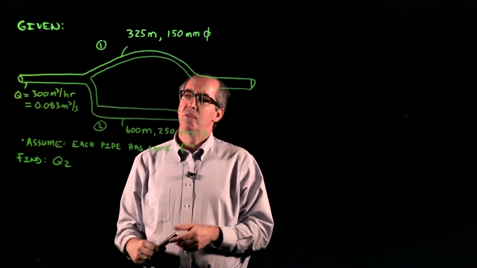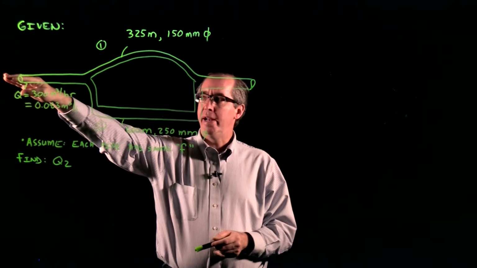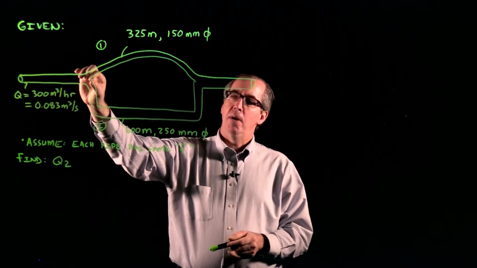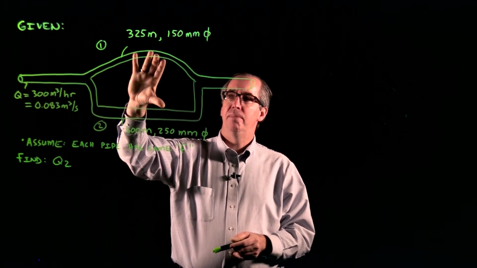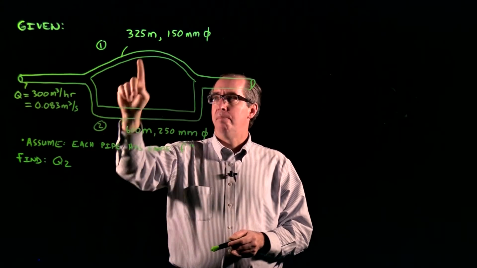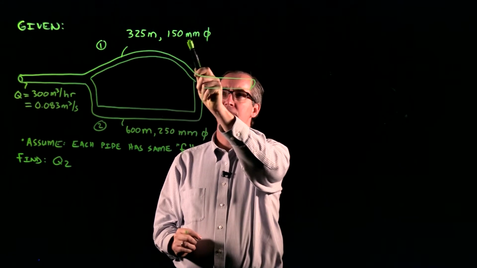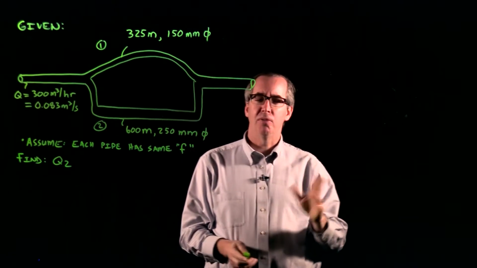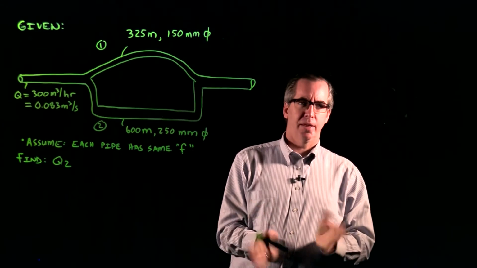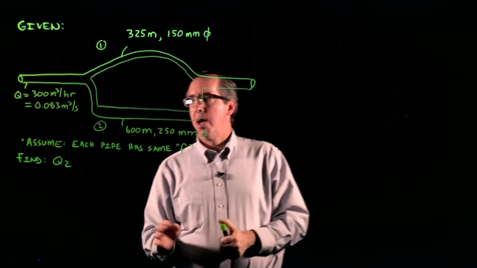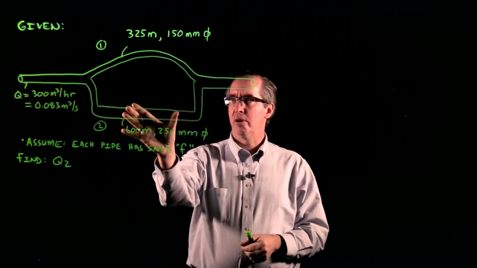So what we have is a flow in a pipe that's approaching this point where it splits off into two parallel pipes. Pipe number one is 325 meters long, and it's a 150 millimeter diameter pipe, which in English terms would be like a 3-inch pipe. Pipe number two is a longer and larger pipe.